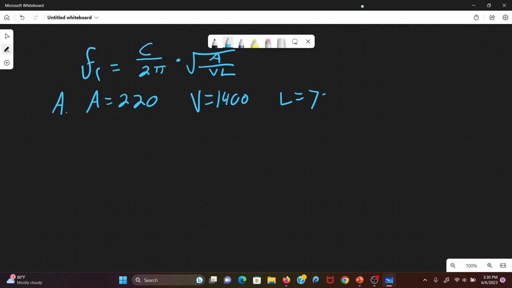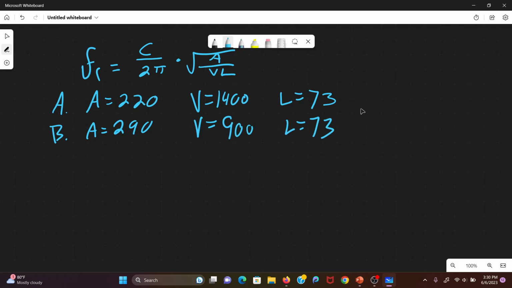If you're in the second group, your values were A equals 290, V equals 900, and L was also 73.